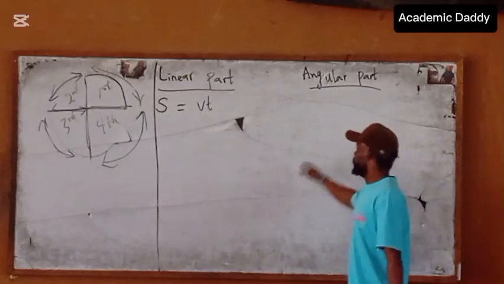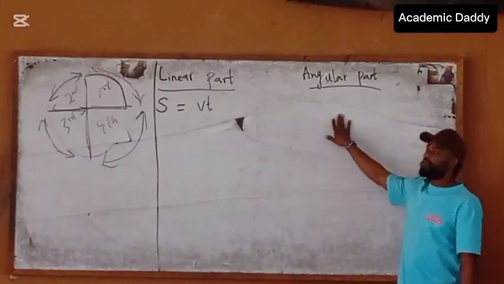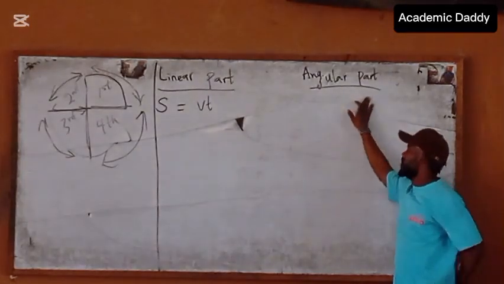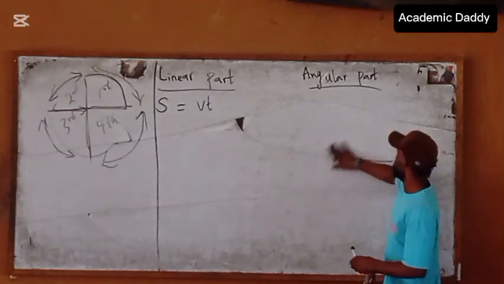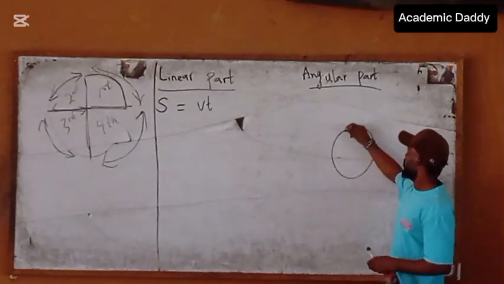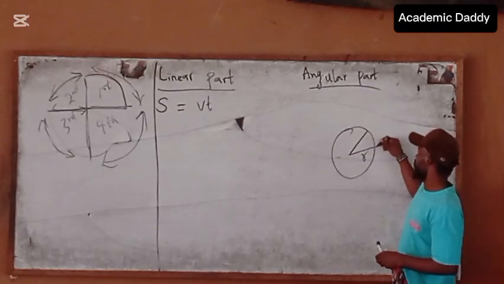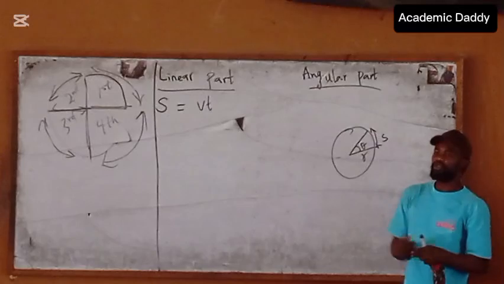But here, for circular motion, we just say that this is simply going to be equal to 2 pi R. If I have this to be my circle, and I have this to be my radius, and I have this to be the path that is covered, this is my S. There must be an angle here, is it not true?